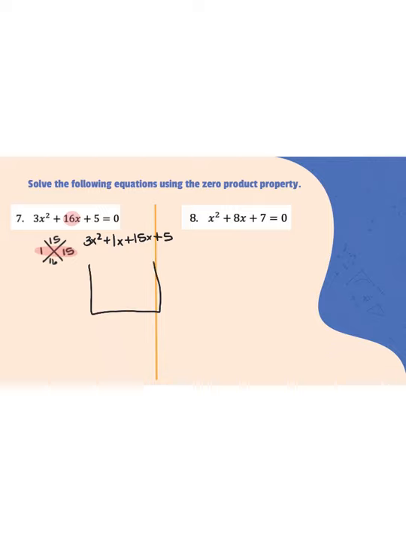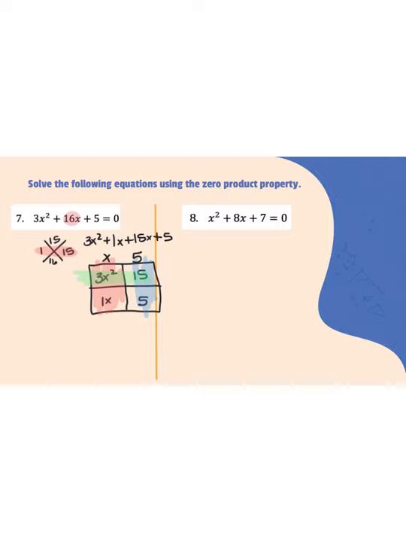I'm going to create my box. 3x squared goes in the top left, 1x, 15x, 5. 3x squared and 1x, they both have an x in them. 15 and 5, they both have a 5 in them. 3x squared and 15, and that 15 should have an x by it.